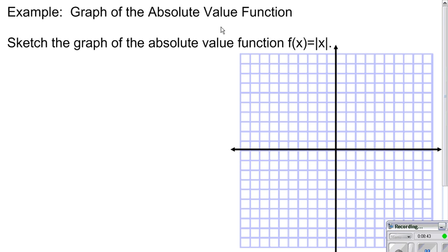Let's take a look at the graph of an absolute value function, where f of x equals the absolute value of x. Now, if you remember, absolute value makes everything positive, so really it's a piecewise function.